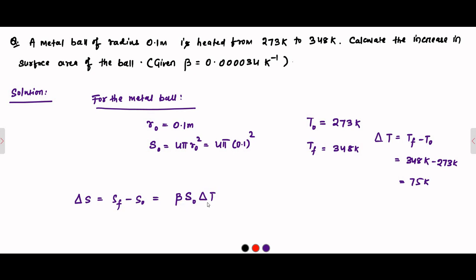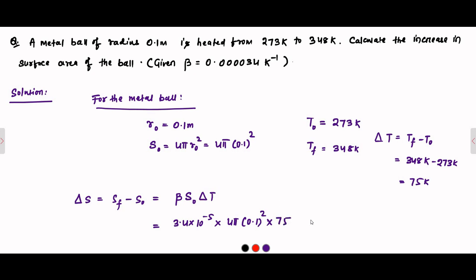So simply we'll substitute the values here. It is equal to beta, which is 3.4 into 10 to the power minus 5, initial surface area, which is 4 pi 0.1 whole square, and change in temperature, which is 348 minus 273, that is equal to 75.